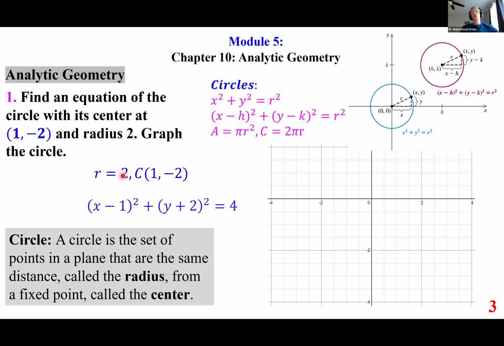So here's the center. Now you go r units, which is 2 units, up and down, left and right. So left and right: for the x-value 1, add 2, and 1, subtract 2.